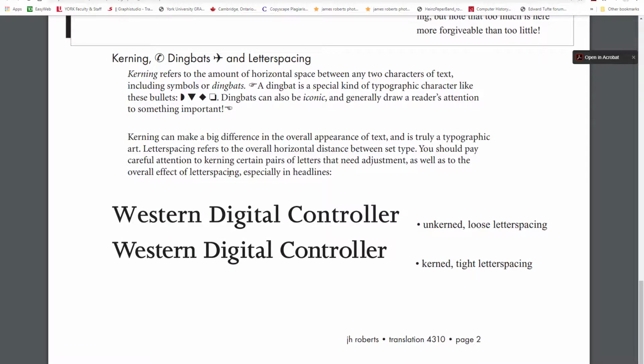Kerning is the ability to actually change the horizontal space in between letters. So how you set up the space between these letters affects the professional look, but also how easy it is to read. So look at Western Digital Controller here. Doesn't it look kind of loose? Doesn't the W and the E look like there's an enormous amount of space there?